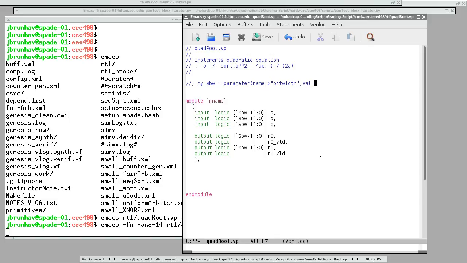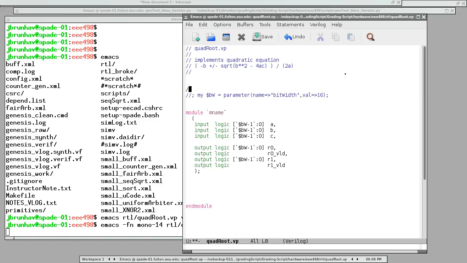We'll say the value is 16. Do we want to make this fixed function? I mean, not fixed function, but fixed point. Yeah, this would probably be more helpful as a fixed point unit.